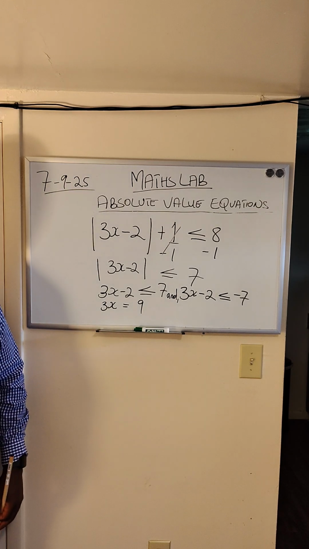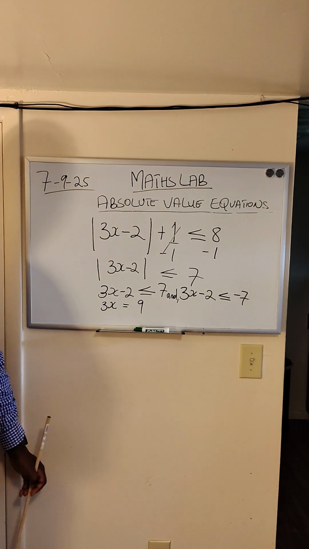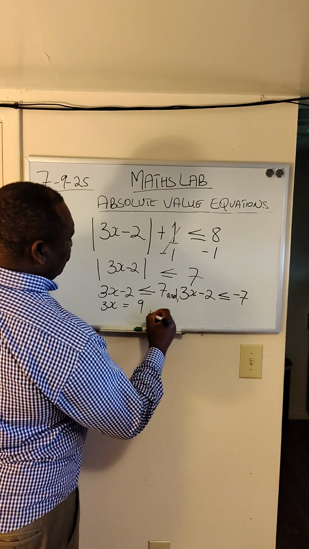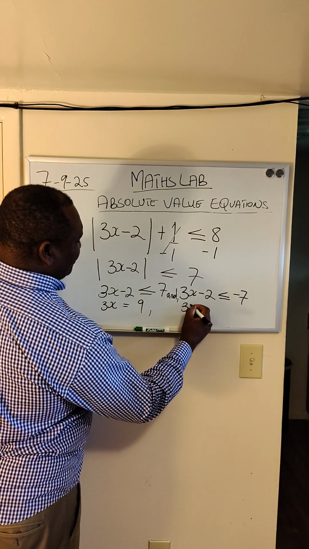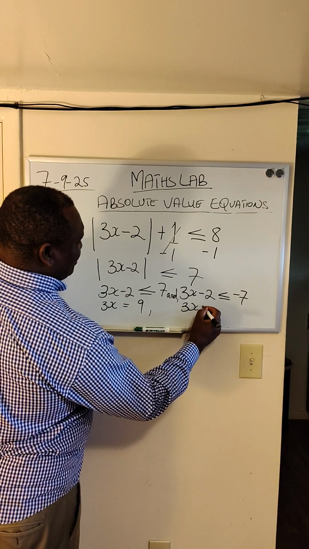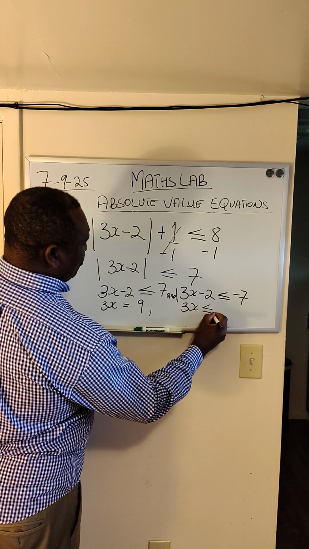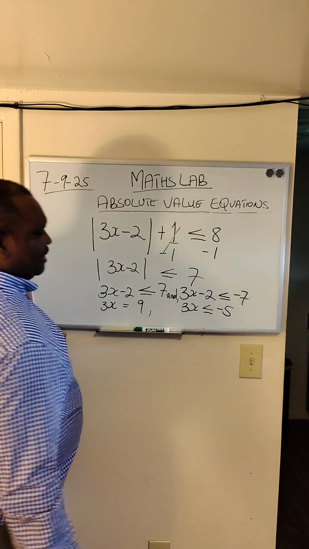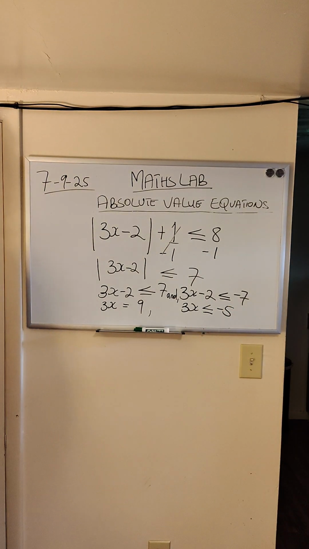And then on the other side we have 3x is less than or equal to negative 5.